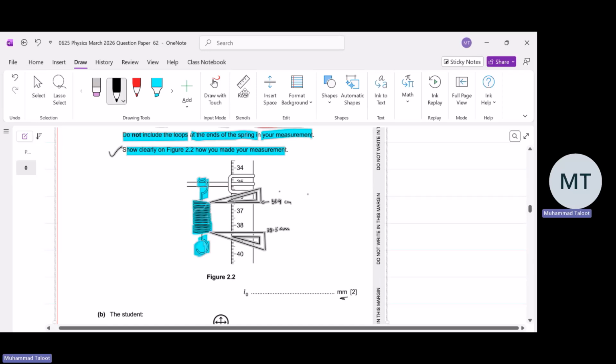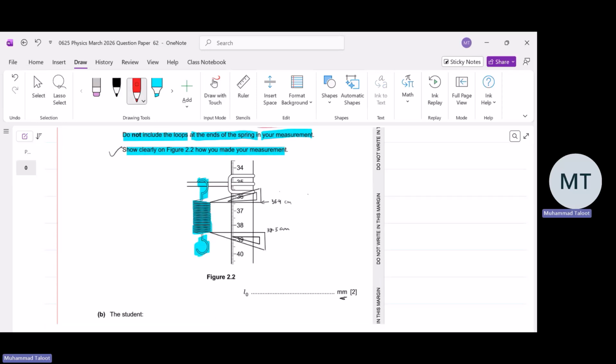They are asking in millimeters. So I will be doing 38.5 minus 36.4. It comes out 2.1 centimeter. We are interested in millimeter, so this will be 21 millimeter.